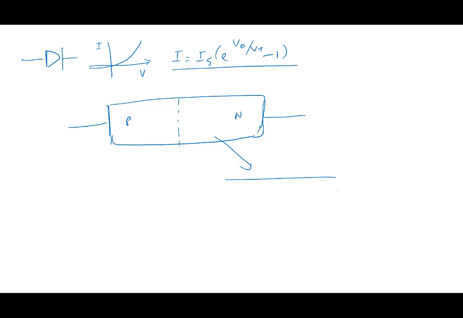What is an N region? N-type semiconductor. What do I mean by that? Majority charge carriers are electrons. Well, in a semiconductor, there are always electrons and holes inside, right?